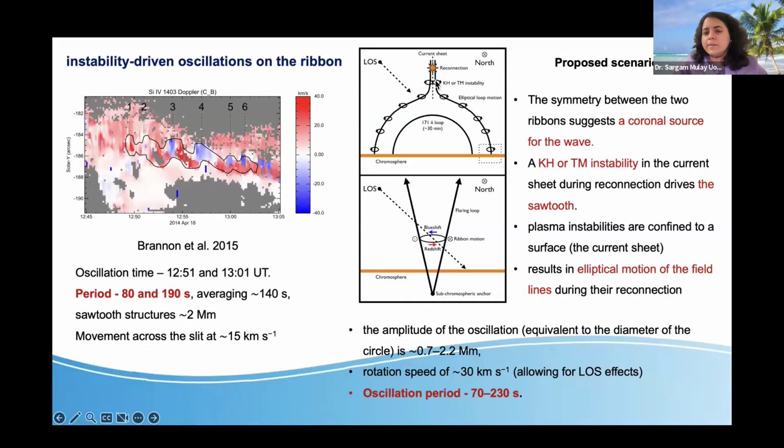Basically the plasma instability stays at this particular location, and that might result in the movement of the magnetic field line that is causing the elliptical motion of the field lines.